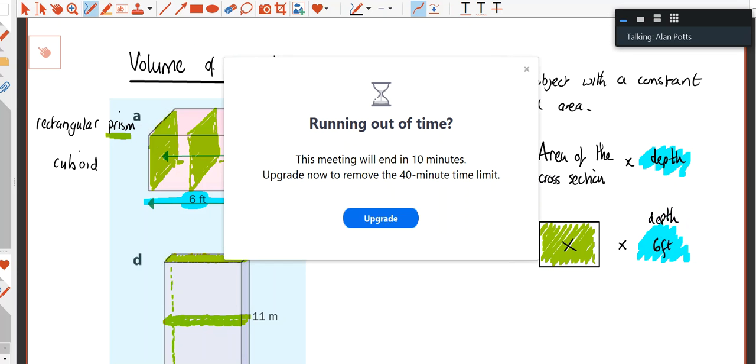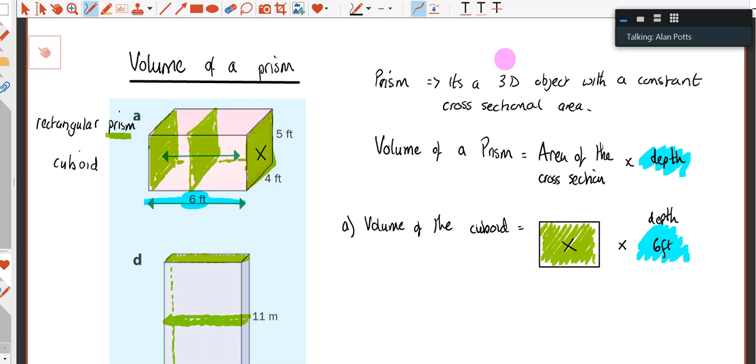Almost. I'm going to have to stop again in a minute. So first of all, if that's the depth, what are the dimensions of the rectangle that we've decided is the cross section? Well, that's the area. I kind of said the dimensions. So it's 4 foot by 5 foot.